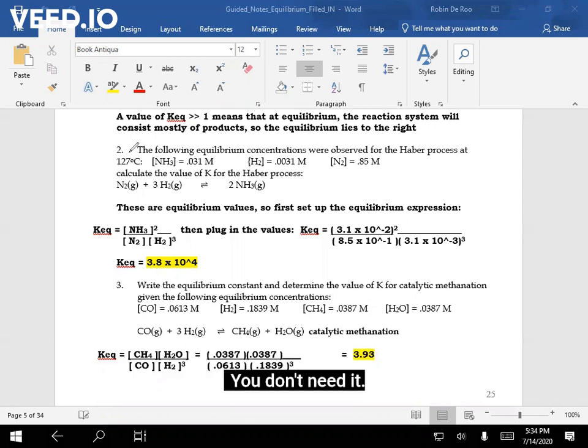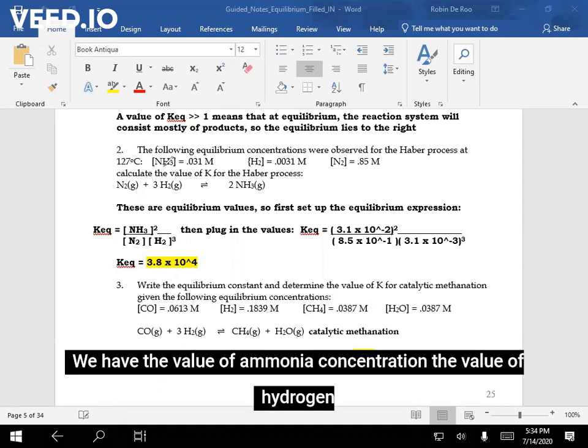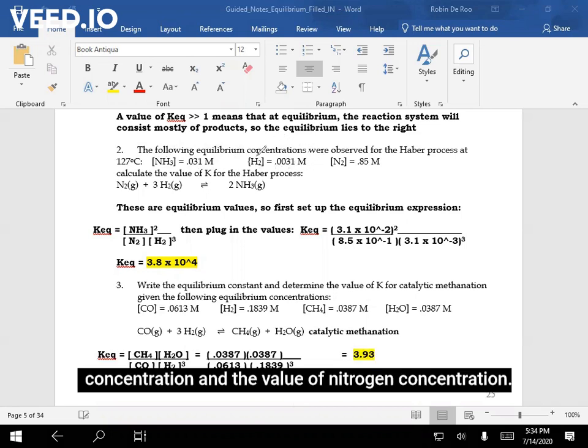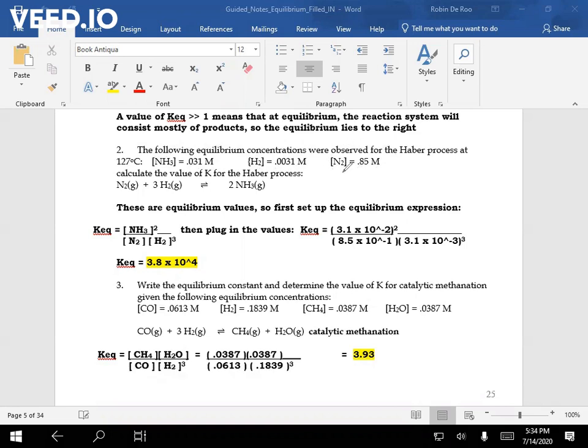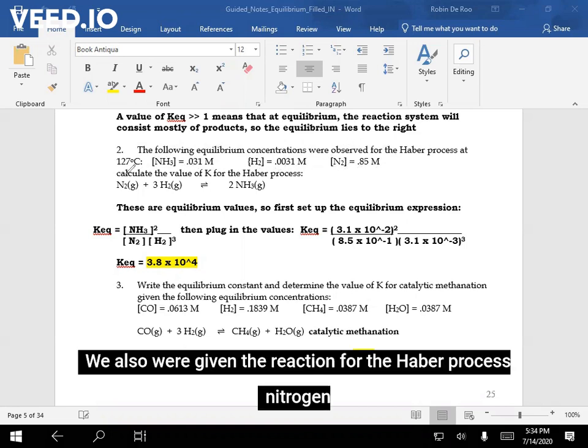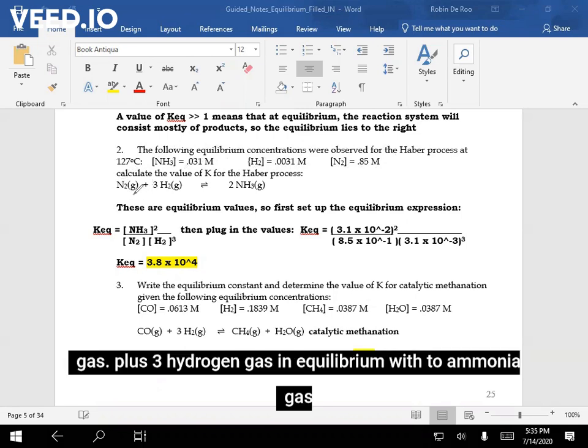The temperature in this case is meaningless. You don't need it. But we have some values. We have the value of ammonia concentration, the value of hydrogen concentration, and the value of nitrogen concentration. We also were given the reaction for the Haber process: nitrogen gas plus 3 hydrogen gas in equilibrium with 2 ammonia gas.